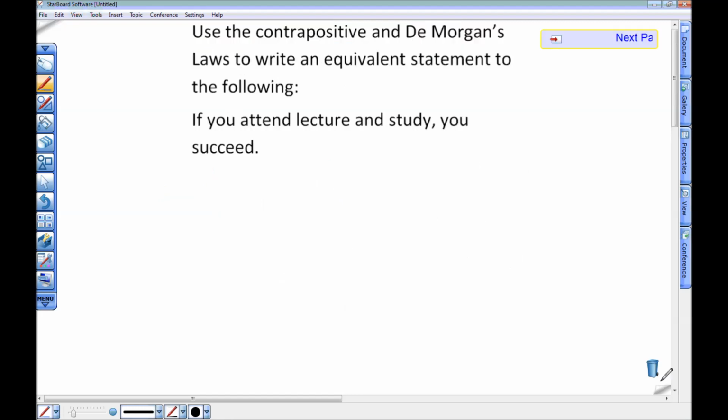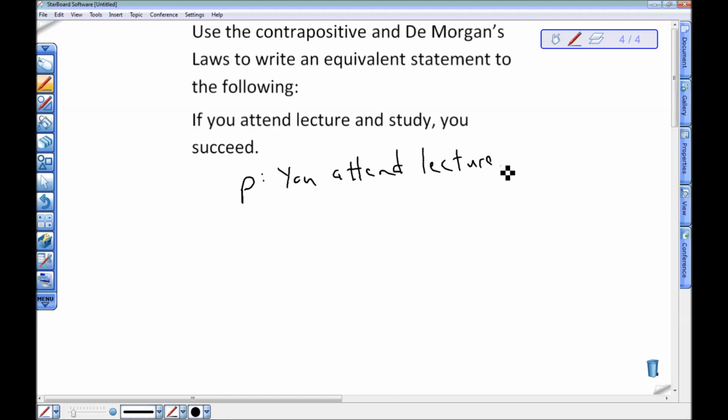All right, just one more example of using De Morgan's laws to simplify an English statement. My directions are use the contrapositive and De Morgan's laws to write an equivalent statement to the following: if you attend a lecture and study, you succeed. Let's symbolize these. P for you attend lecture, Q for you study, and R for you succeed.